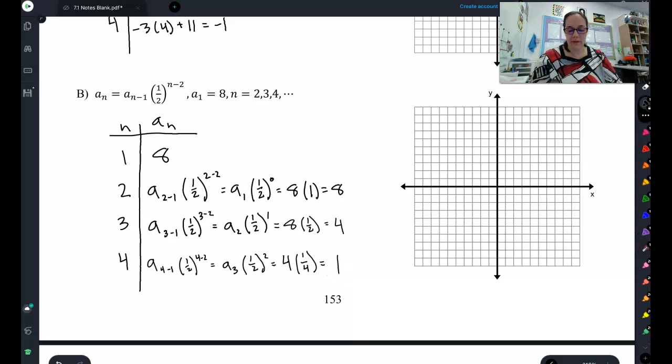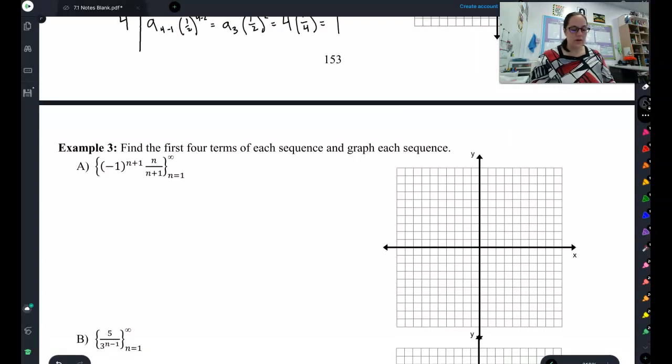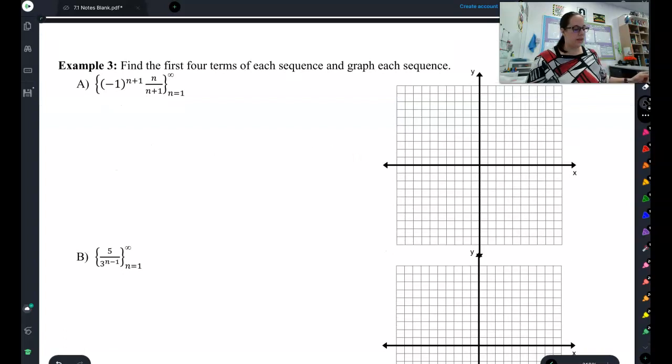Now we can graph it. First term was 8. Second term was also 8. Our third term was 4. And our fourth term was 1. And there we go. So now that we're doing pretty good, let's keep going.